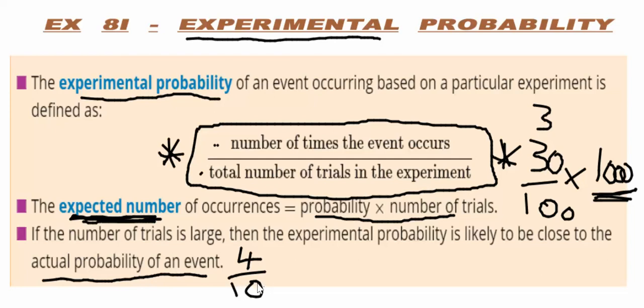But if we continued to roll the die lots and lots of times, 1,000 times, it'll probably even out and the probability of the 3 coming up, 1 out of 6, we would get very close to that. So the more trials you do generally gets you very close to the actual, or theoretical, probability of that particular event occurring.